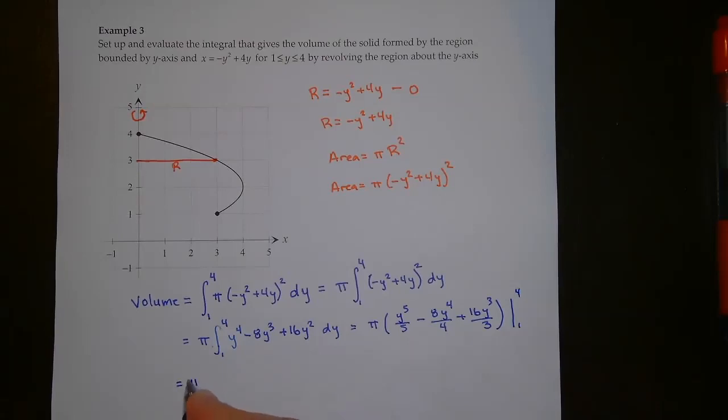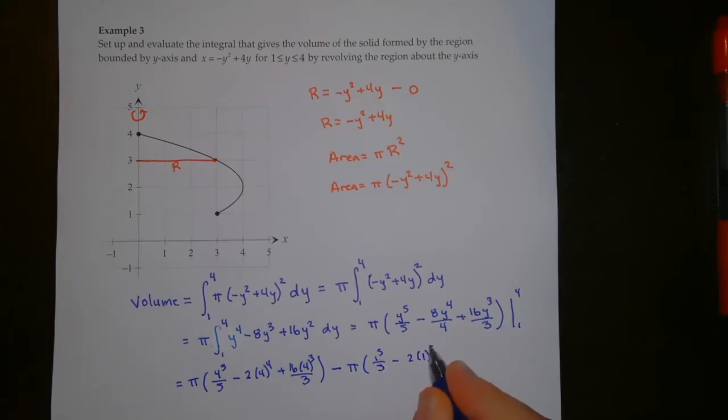So this is equivalent to pi times 4 to the fifth over 5 minus, and 8 over 4 is 2, so 2 times 4 to the fourth plus 16 times 4 cubed over 3, and then minus pi times 1 to the fifth over 5 minus 2 times 1 to the fourth, and then plus 16 times 1 to the third over 3.